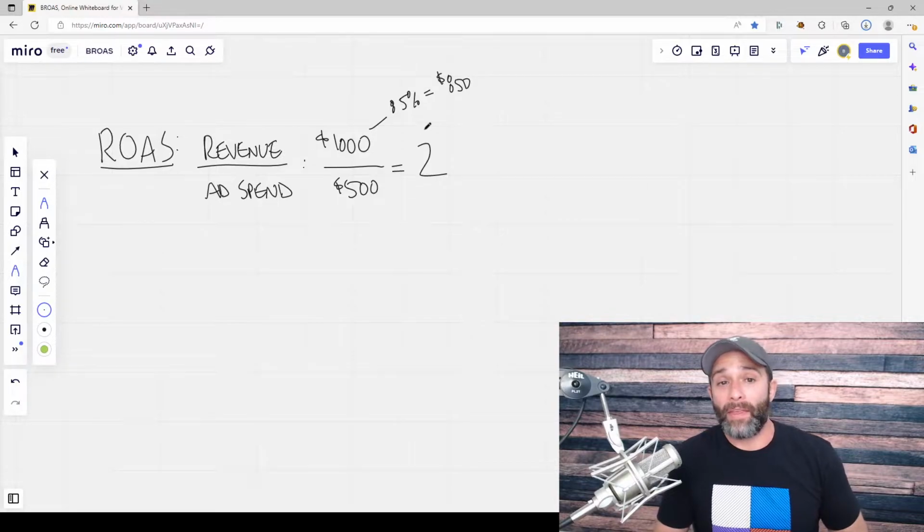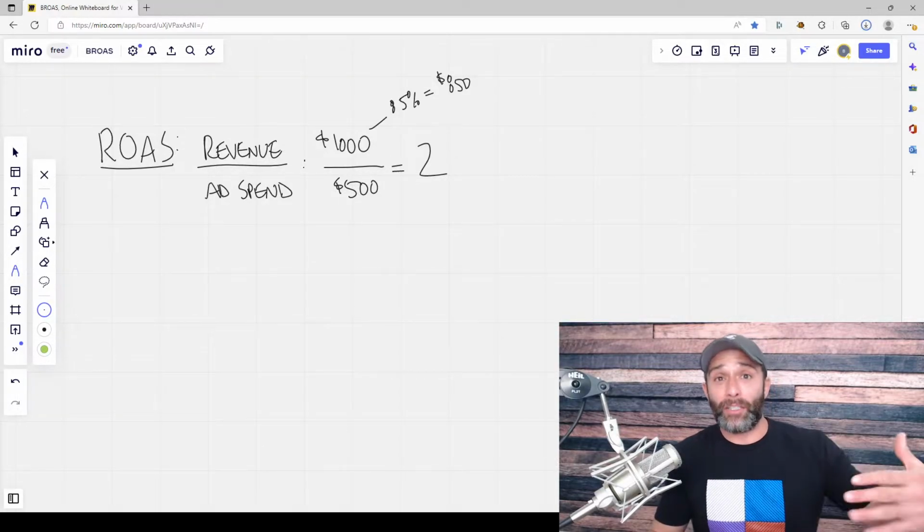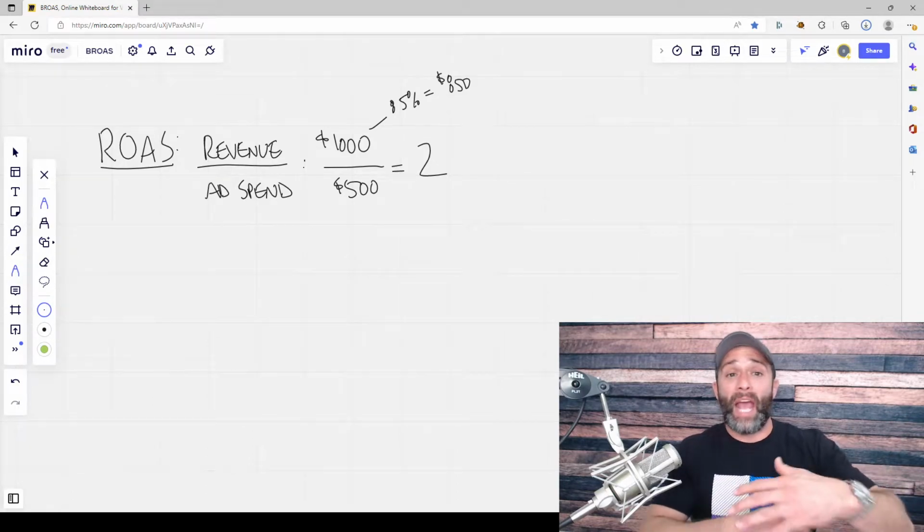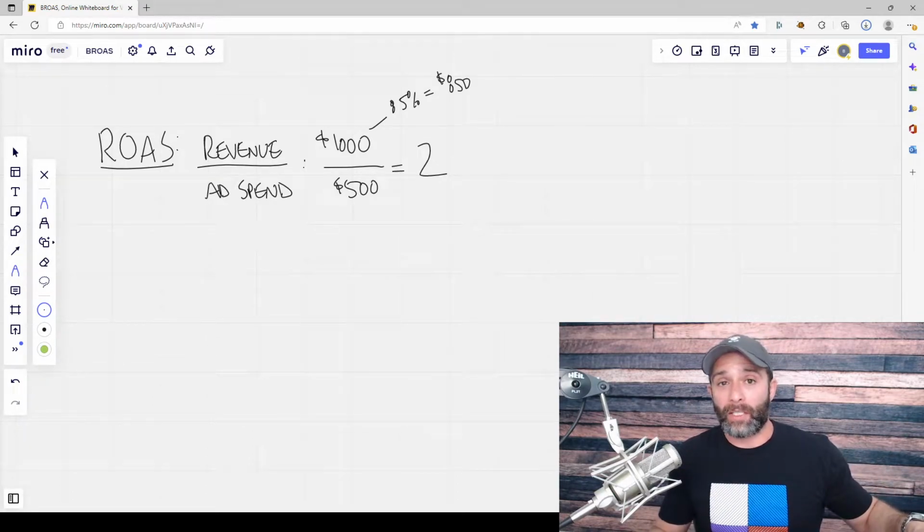Because 85% of 1,000 is $850, $850 minus $500 is an additional $350 in profit after all of your expenses are considered.